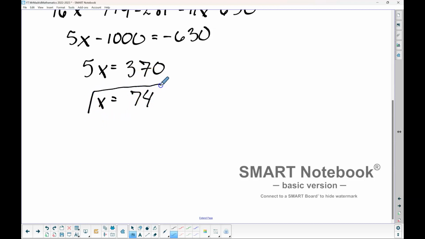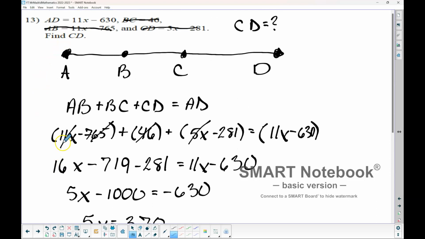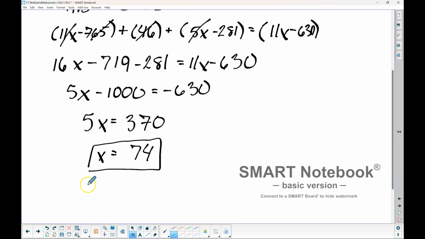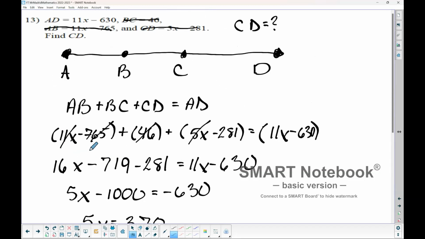So this is a very important value. Now, of course, I could be done, but it all depends what they wanted. They want CD. CD was 5x minus 281, and this was just a little more sophisticated.